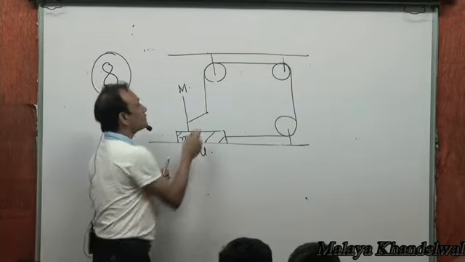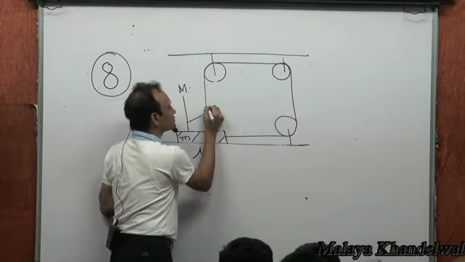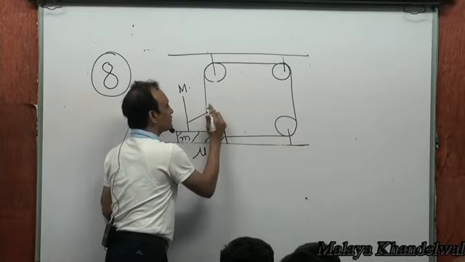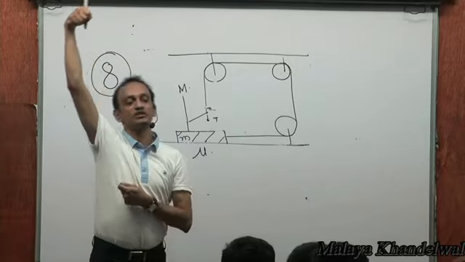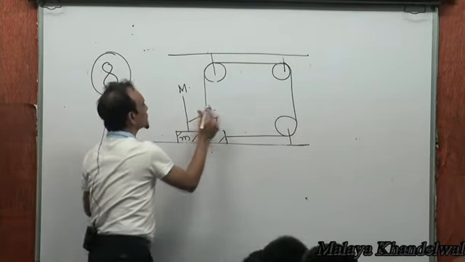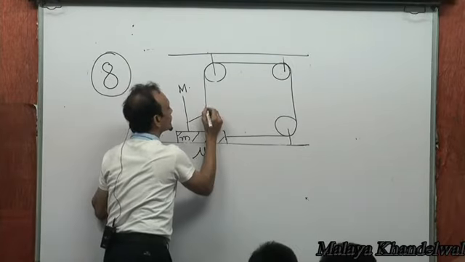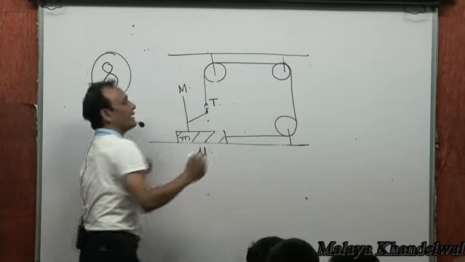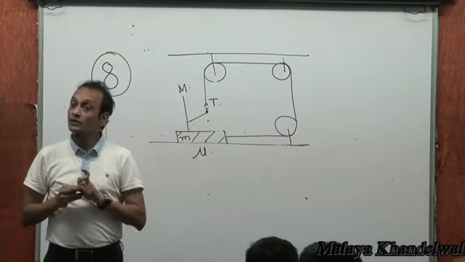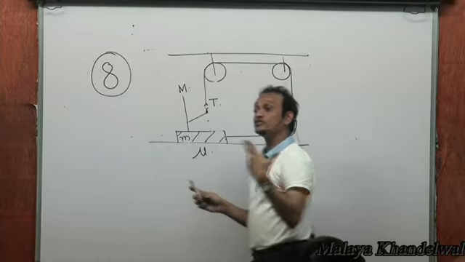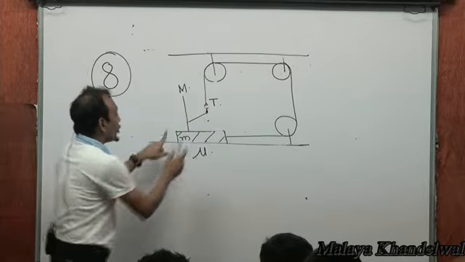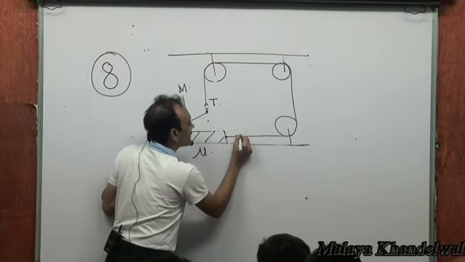Now, if the man pulls the rope with a certain force T, the rope pulls on M in the opposite direction with a force T. So, if the man exerts a force F, then T is the force that the rope exerts on the man in the opposite direction. That means now the force in the string is T. Therefore, T is the force everywhere in the string. T therefore is the tension in the string. And on the block, at this point, tension will act to the right.